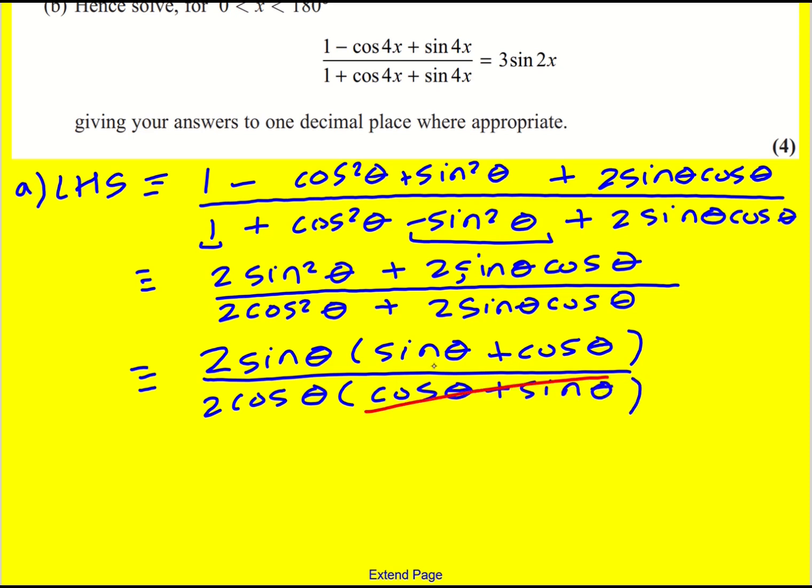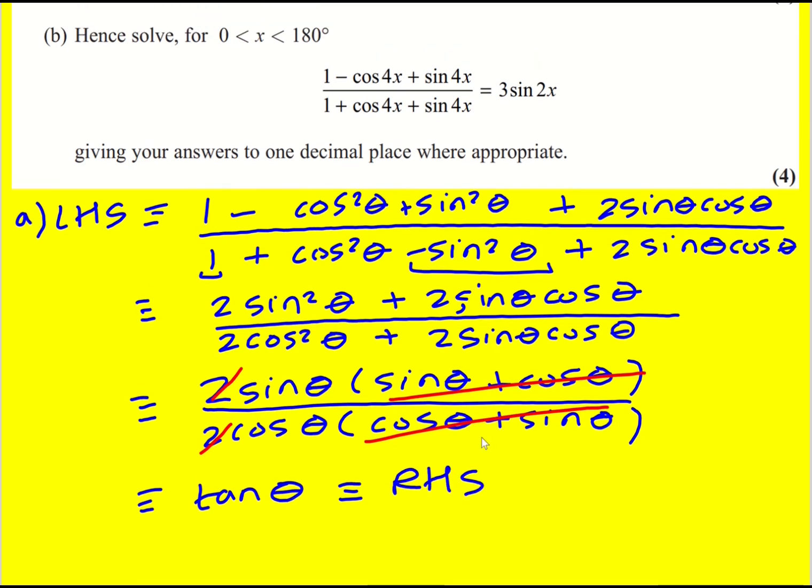But these are the same, so they cancel. The 2's also cancel, and that gets me to sine theta over cos theta, which is tan theta, which is the right-hand side. Proof complete.